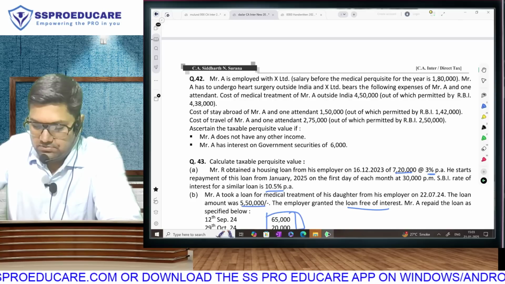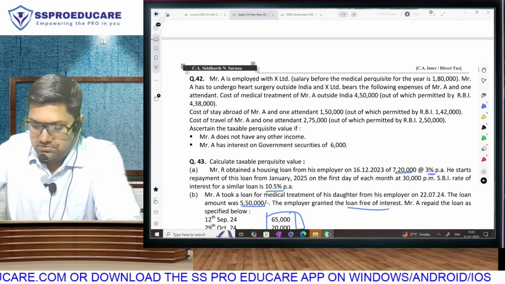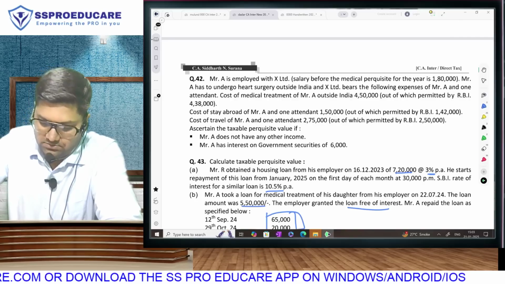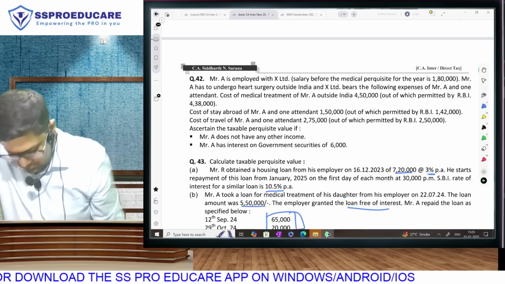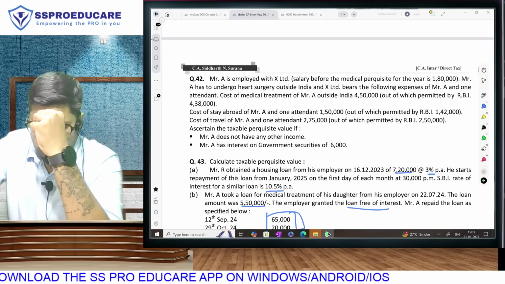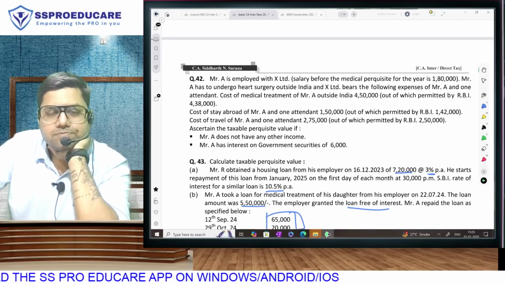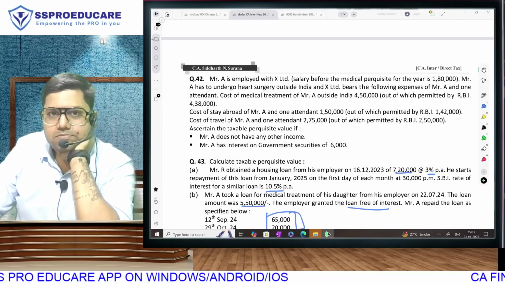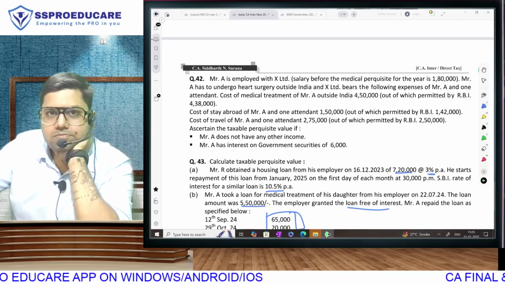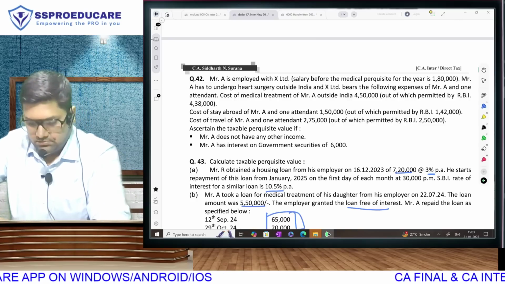Cost of medical treatment of Mr. A outside India 4,50,000, out of which permitted by RBI 4,38,000. Cost of stay abroad of Mr. A and one attendant 1,50,000, out of which permitted by RBI 1,42,000. Cost of travel of Mr. A and one attendant 2,75,000, out of which permitted by RBI 2,50,000.